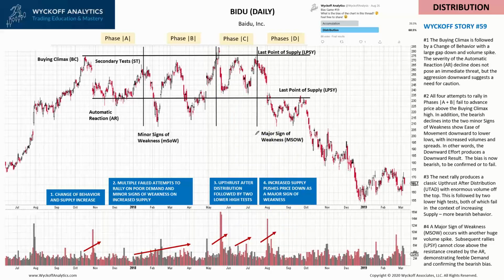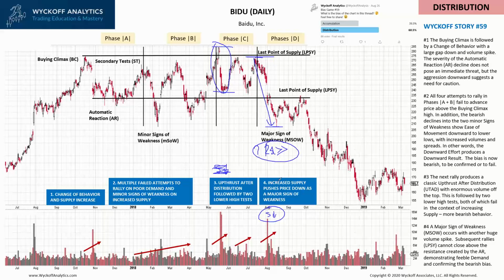But at the same time, we really have to think: if supply decreases on this reaction, what kind of result to the downside do we have? Is result increasing, Kurt? Right, so look at the result on this reaction, and then look at the result on this reaction. I would say that the result has increased, yes?